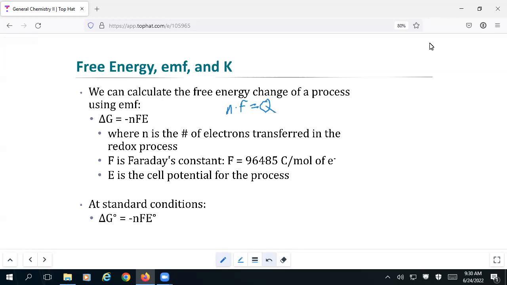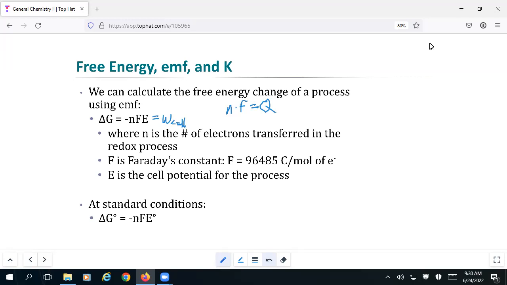And so this equation is basically another way of determining the work done by the cell.